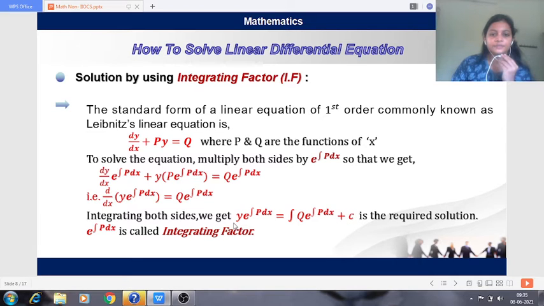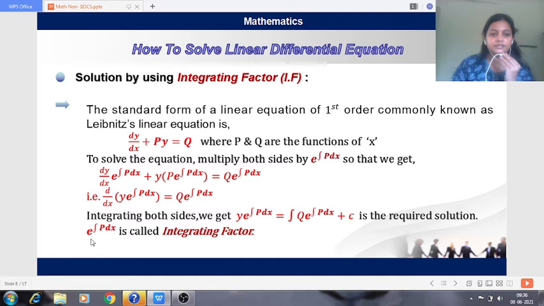And here y into e to the power integration p dx is equal to integration q into integration e to the power integration p dx plus c is the required solution of the given equation, which is called Leibniz linear equation.